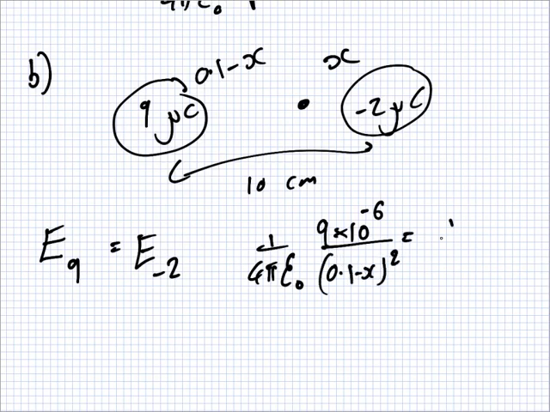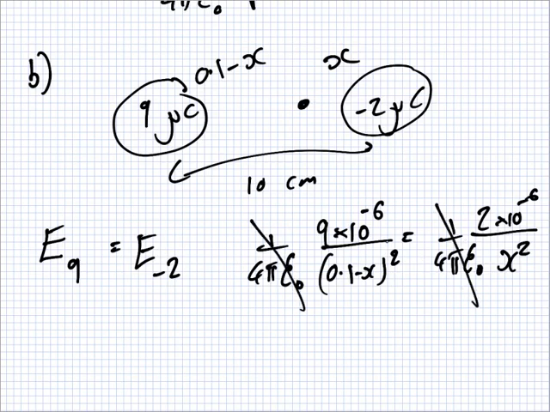That should equal 1 over 4 pi epsilon 0 times 2 times 10 to the -6 over x squared. What's great is that the ugly constant cancels and the micros cancel. So you're just left with 9x squared equals 2 times 0.1 minus x squared.